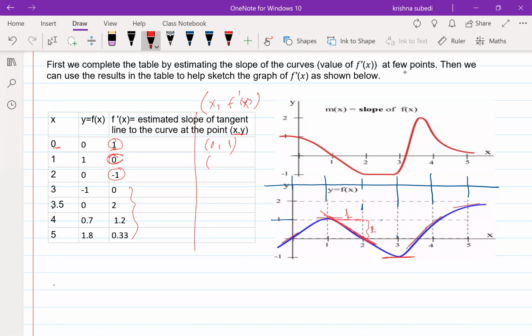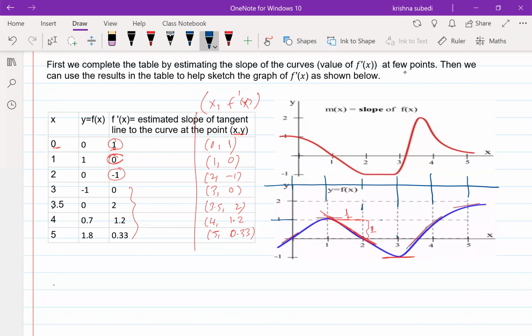So the second point will be 1 and 0. Third point will be 2 and -1. Fourth point is 3 and 0. And 3.5 and 2. 4 and 1.2. 5 and 0.33. And so on, okay?